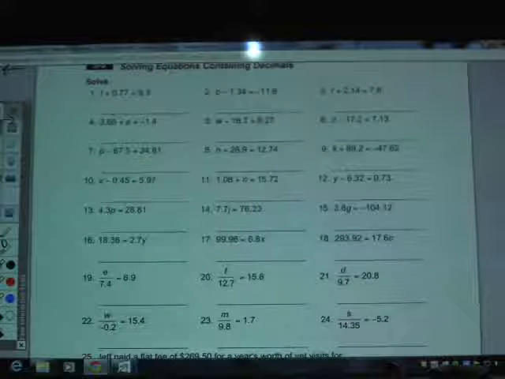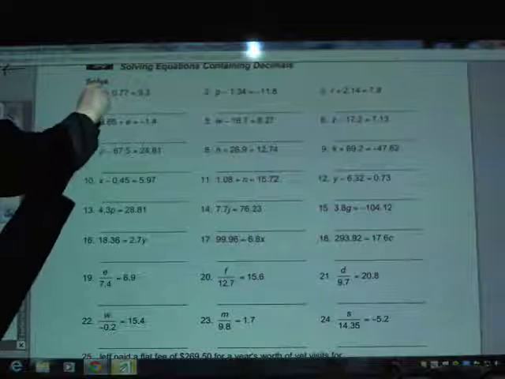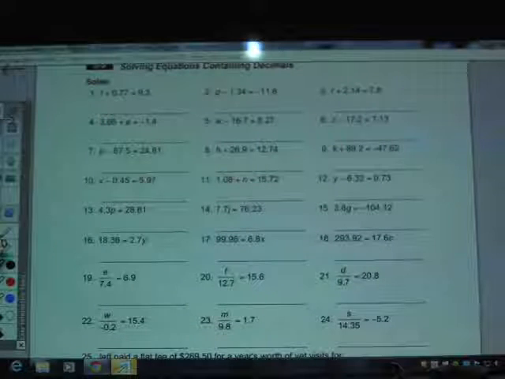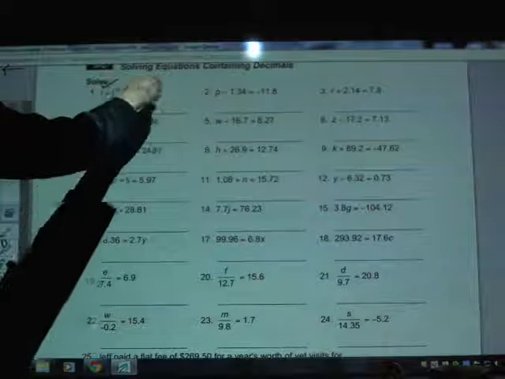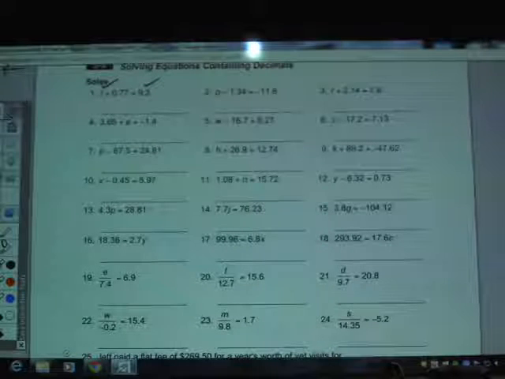Let's go ahead and take a look at number 1. T plus 0.77 equals 9.3. So variable t on the left and number 9.3 on the right. So we know the thing we've got to move is the 0.77. How do we move something to the opposite side of the equal sign? Remember, whenever I want to move something individually, I do the opposite.